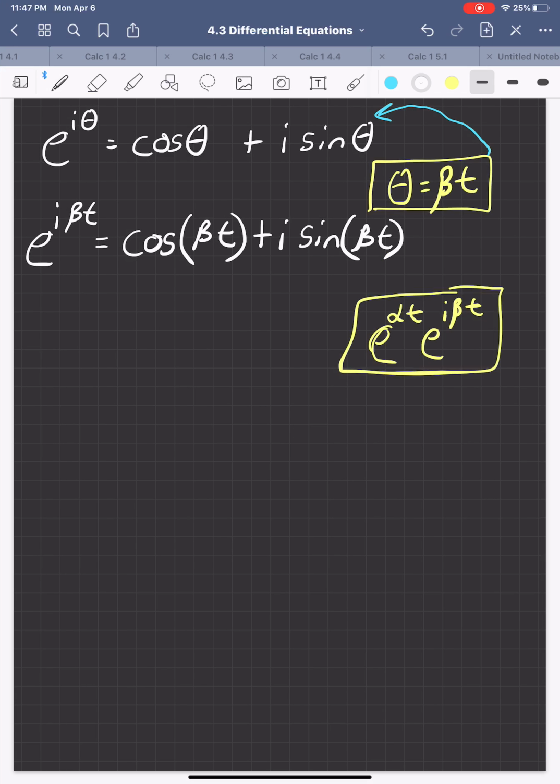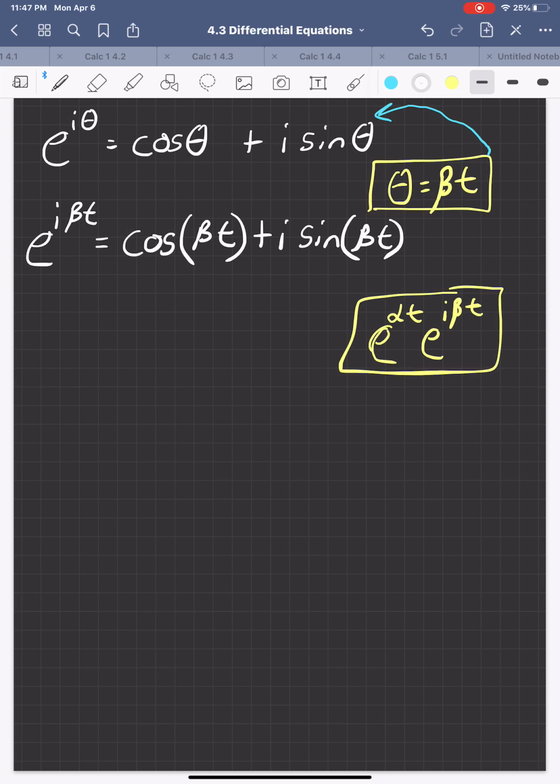Okay, so the next thing to recall is that all of that work was to focus on how to interpret this e to the i beta t. We knew that this was going to be a constant attached. We were trying to figure out how to interpret this imaginary unit in these general solutions.